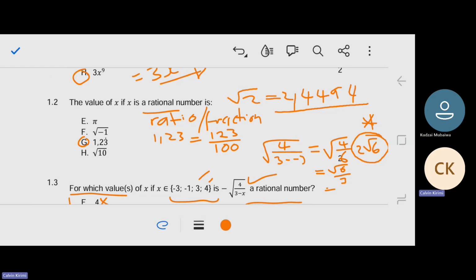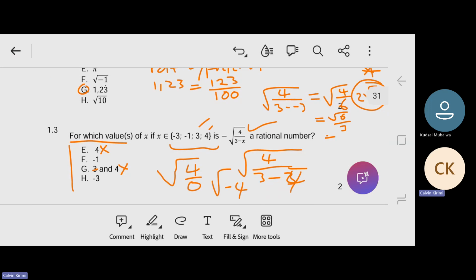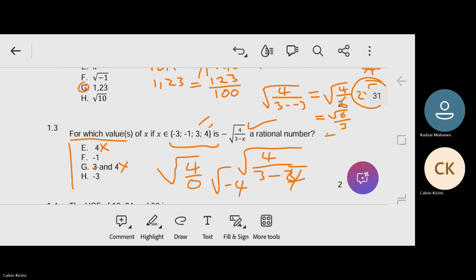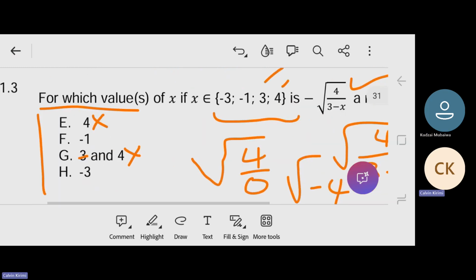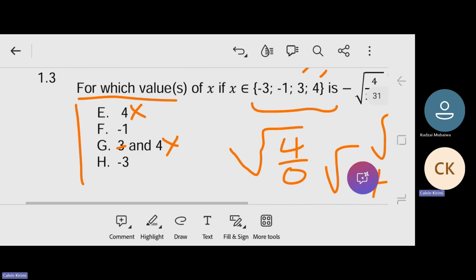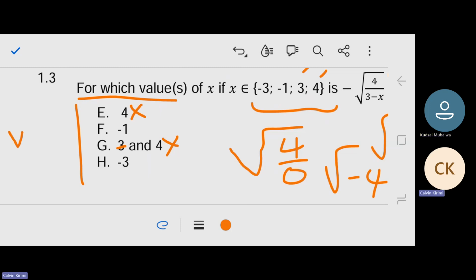The only answer that can be expressed as a fraction is when x is -1. When x is -1, we replace it, and we get root of 4 over 3 minus -1, which is root of 4 over 4, which equals root of 1.